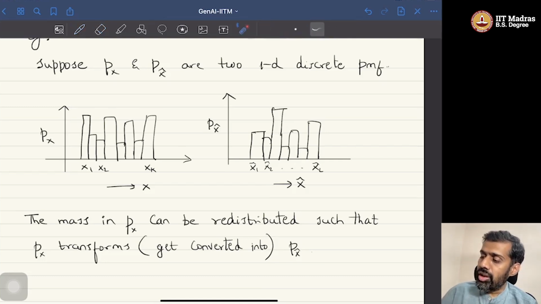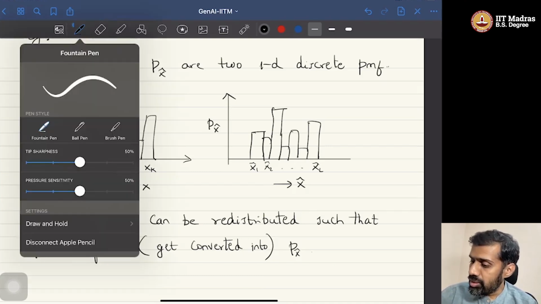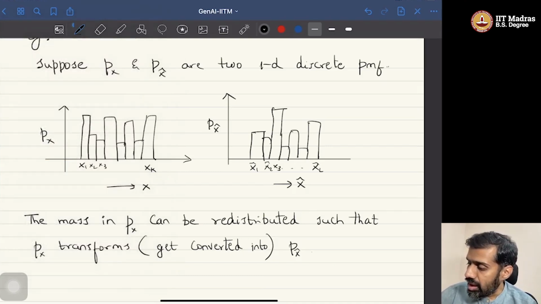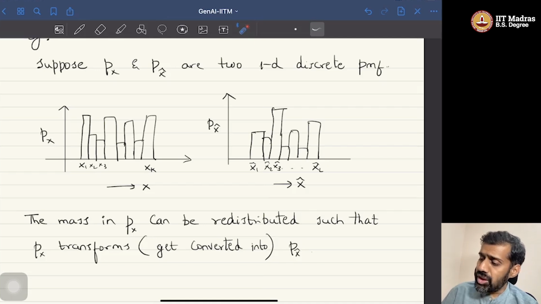Now, if P_X has to be transformed into P_X cap, what we have to do is take some mass from x1 and put it in x3. This is x1, this is x2, and this is x3. Now this is x1 cap, this is x2 cap, and here we have x3 cap.